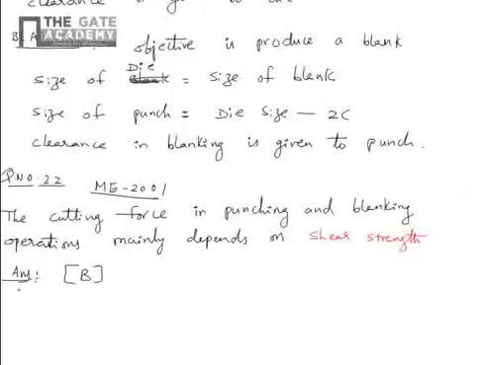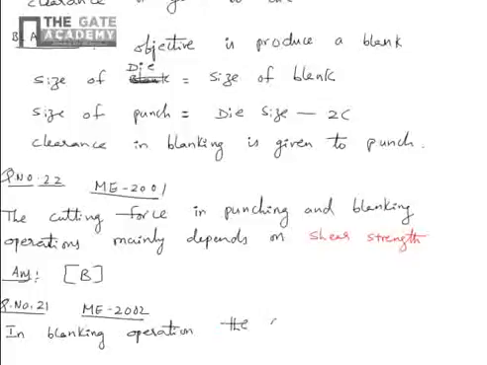Question number 21, GATE 2002. One more question. In blanking operation, the clearance is provided on where?